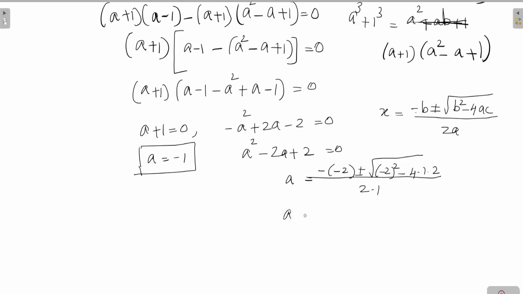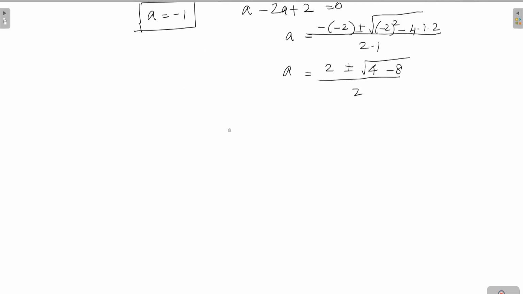So a equal to minus of minus 2, which is positive 2, plus or minus square root of 4 minus 8, the whole divided by 2 times 1, that is 2. Now we can find the value of a: a equal to 2 plus or minus square root of minus 4, divided by 2.